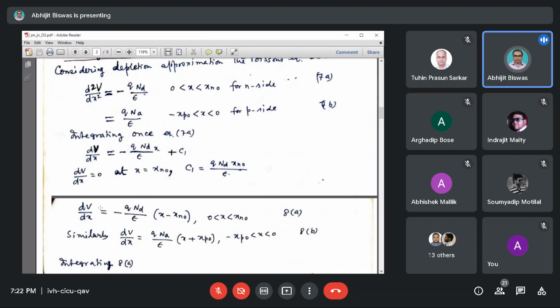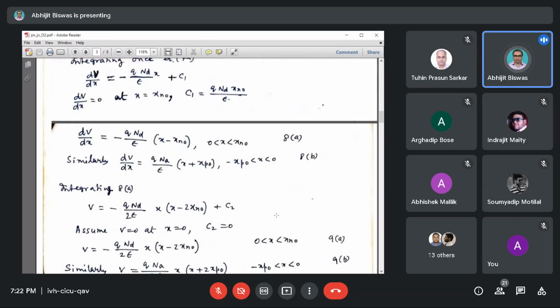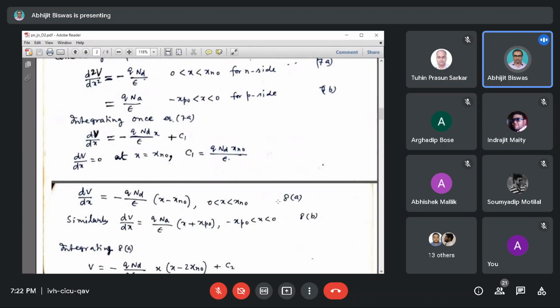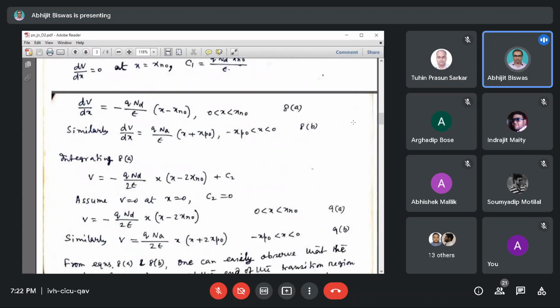That means minus dV/dx is the electric field, so dV/dx equal to 0 at x equal to xn0. Then you can find this integration constant c1 to be q Nd xn0 by epsilon. Just put the value of the integration constant in 7a, and you will arrive at equation number 8a.